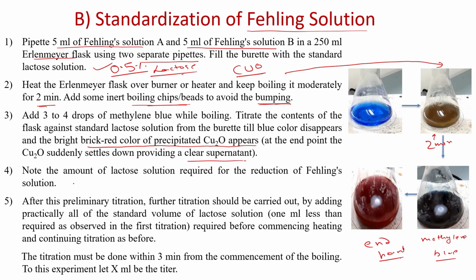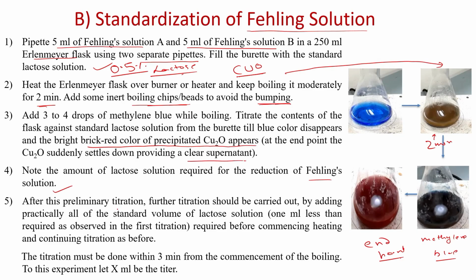Now note the amount of lactose solution required for the reduction of Fehling solution. You will be able to know the strength of the Fehling solution, how much lactose solution has been used to reduce it.